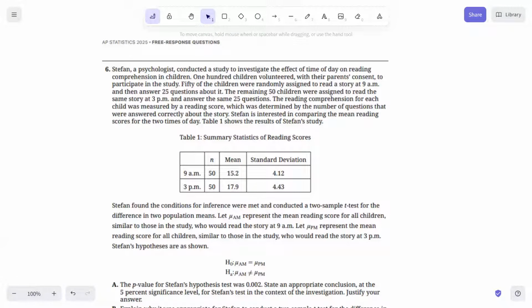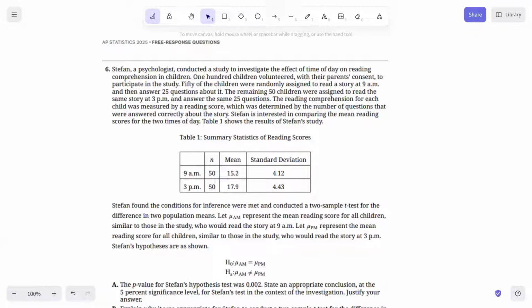Jumping into number 6, the dreaded investigative task. This dealt with comparing two means, AM versus PM reading sections. Part A asked us for a conclusion based on a p-value, and you had to interpret statistical significance in the context. Part B was more conceptual, why this was not a paired design.